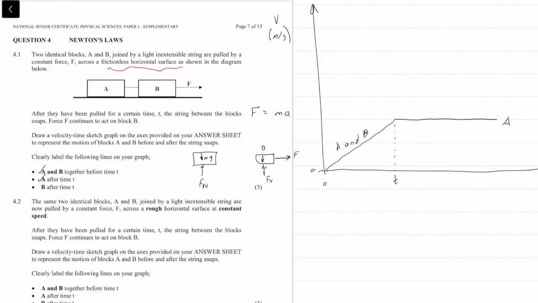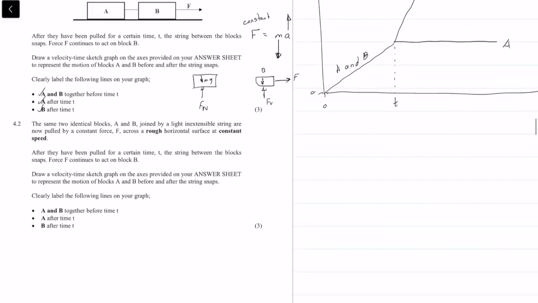The force remains constant before and after the string is cut, but the mass has gone down, so our acceleration must go up in order to balance this. So we end up with a much steeper gradient, something like that, and that's for B. And there we go, 3 marks right there.